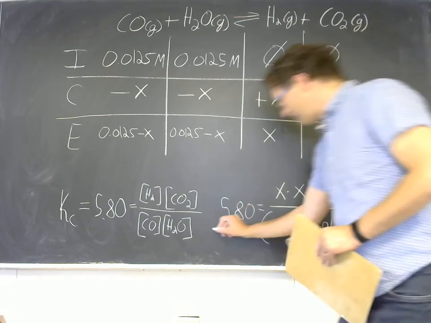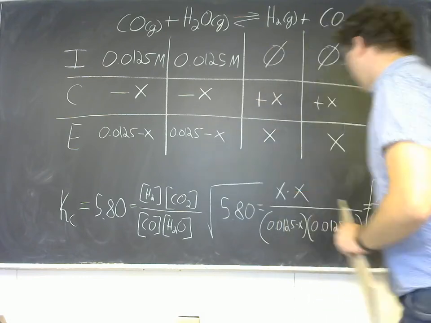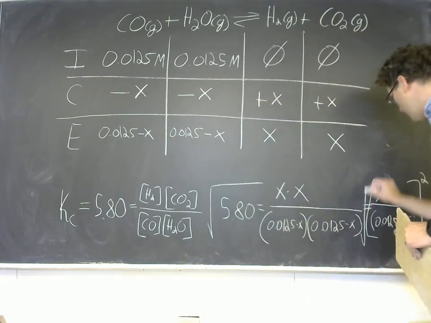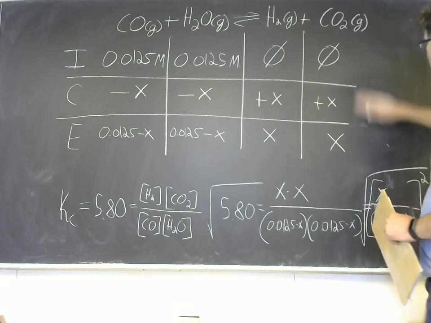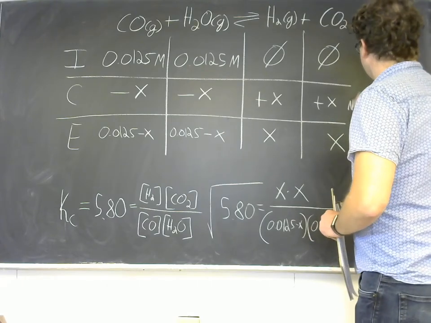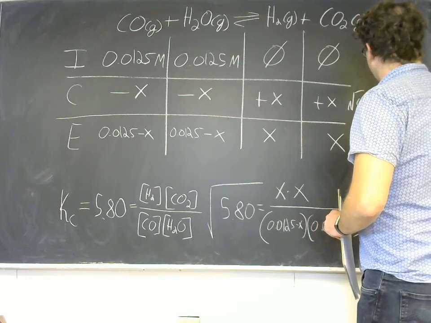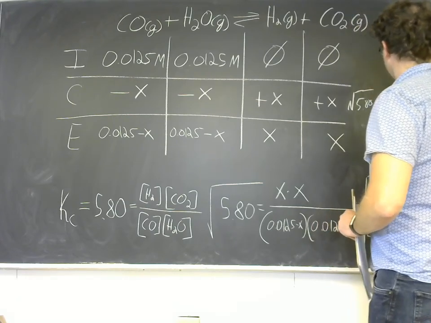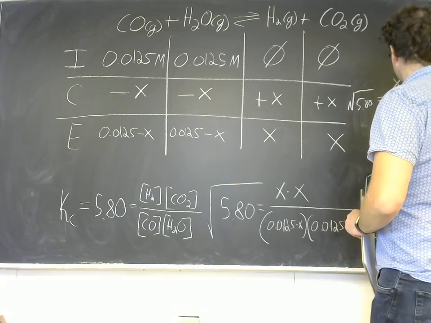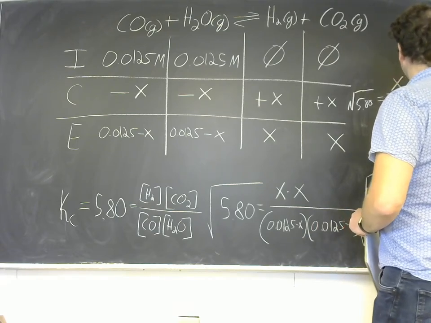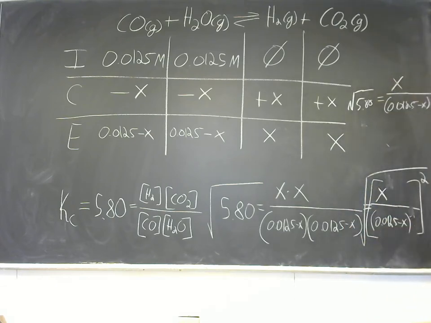If we take the square root of 5.80, and the square root of the right side, what we end up with is the square root of 5.80 is equal to just x over 0.0125 minus x. We managed to get rid of all the squares, and that is a very substantial simplification of the algebra required to solve this.